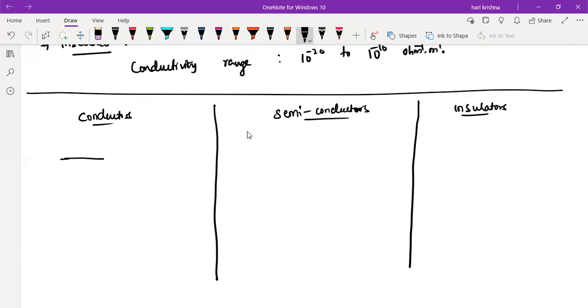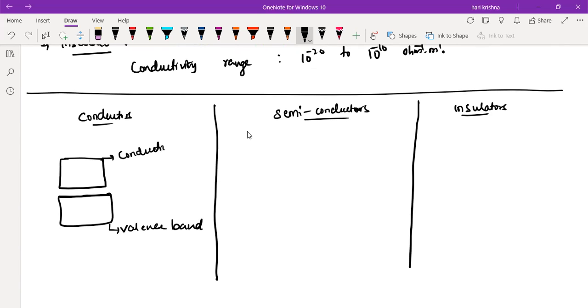In total we have two bands: one is the valency band, the other is the conduction band. The below one is called the valency band, which means the valency electrons will be in this band, and the above one is the conduction band. Electrons always move from the valency band to the conduction band during the conduction of electricity.